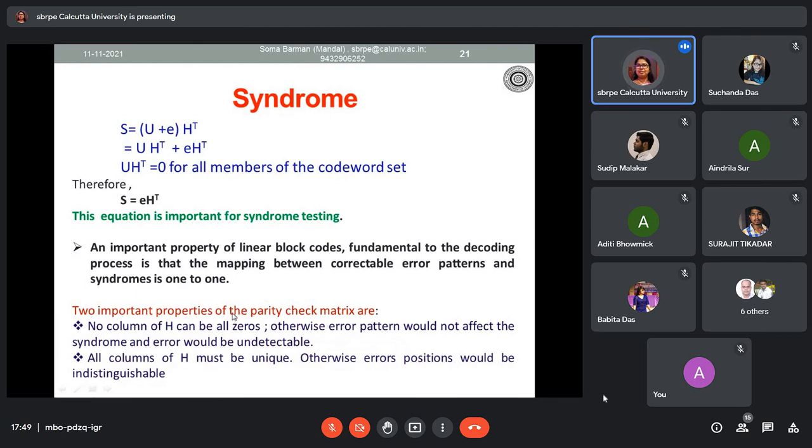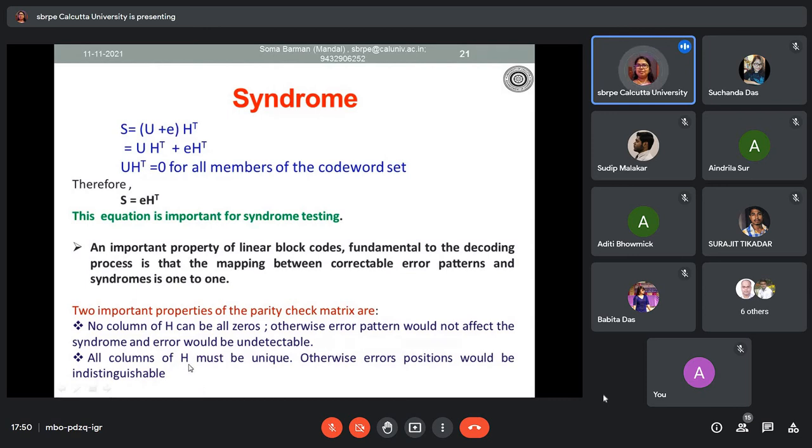First, no column of the H matrix can be all 0. In the previous case, the code vector may contain the all-zero vector, but not the generator matrix vectors, which are generated from basis vectors. Similarly, the H matrix should not contain an all-zero column. Otherwise, error detection is not possible, because the error pattern would not affect the syndrome and the error would be undetectable.